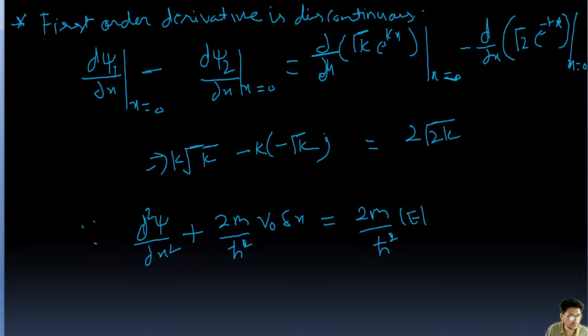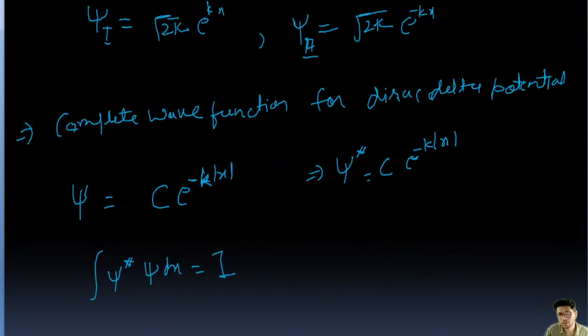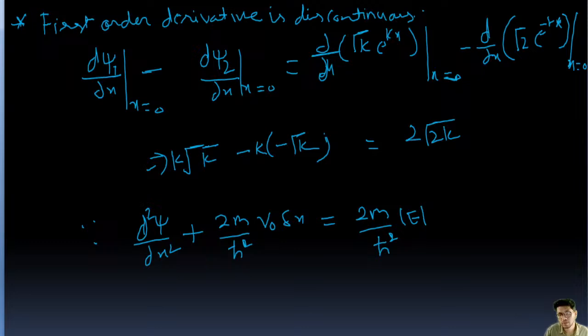Here we have done some mistake. The mistake is in the discontinuity, this we have written wrong. This value is 2k root k.